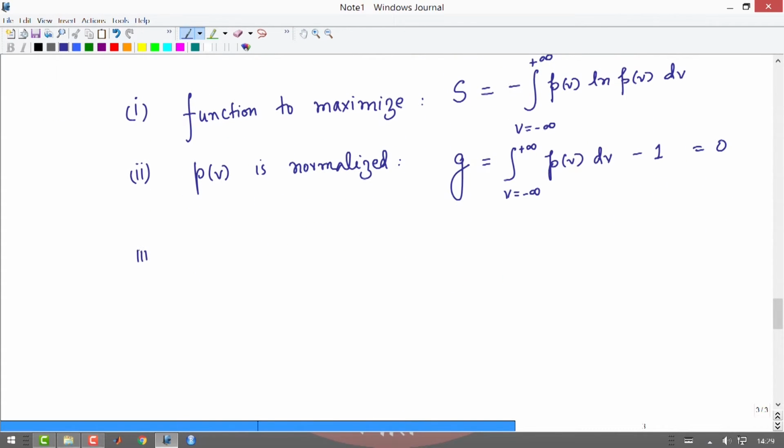My third ingredient is one more constraint. I know from equipartition, as we just discussed, that the average of half mv squared is just half kT.